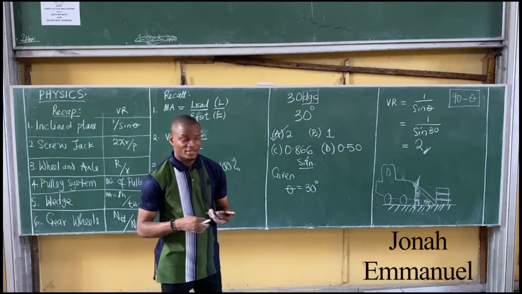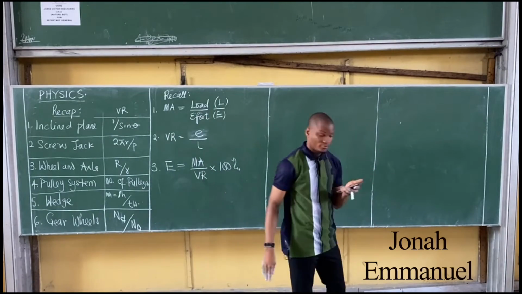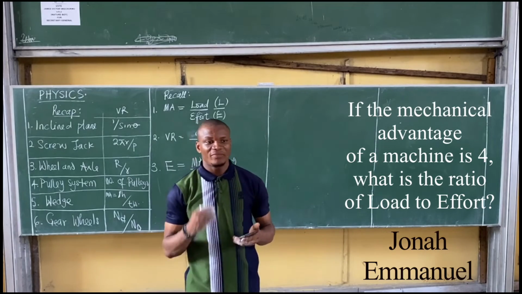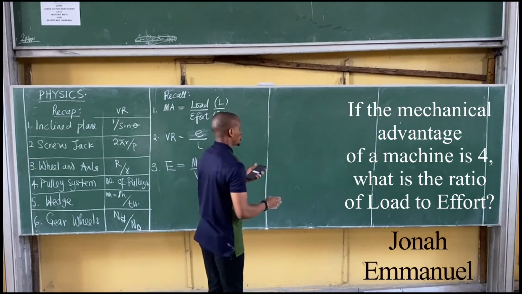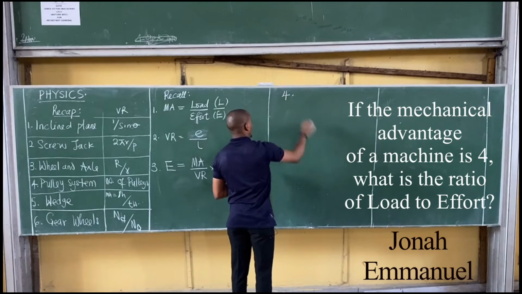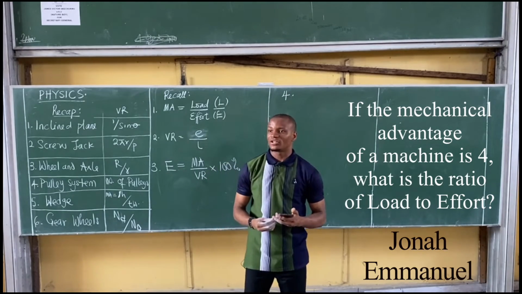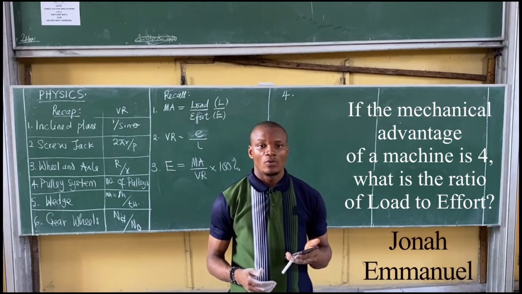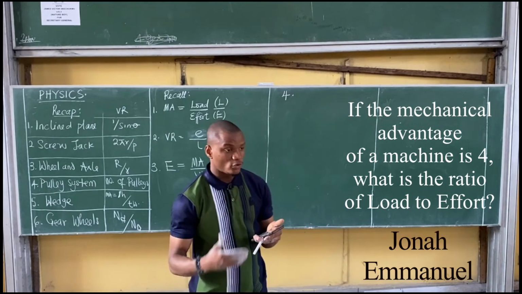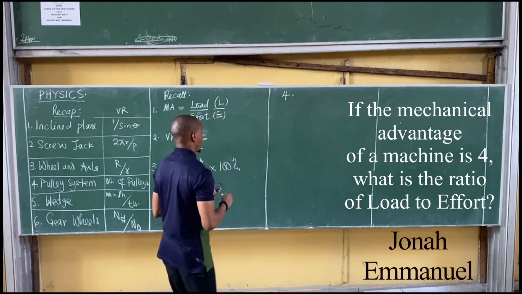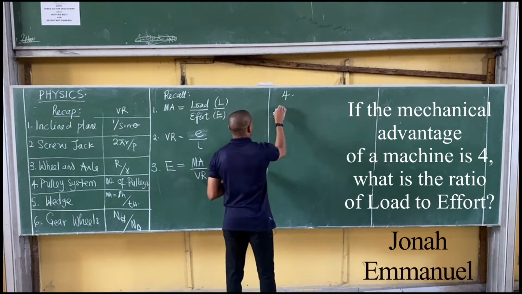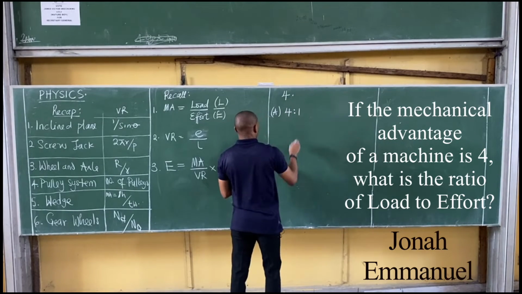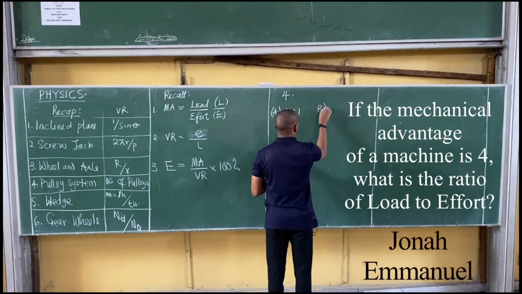Okay, take down. Next up, take down. If the mechanical advantage of a machine is 4, what is the ratio of load to effort?